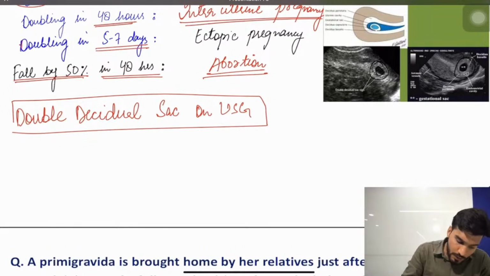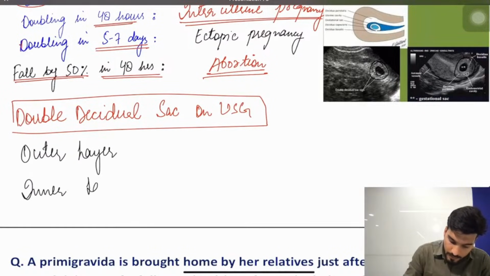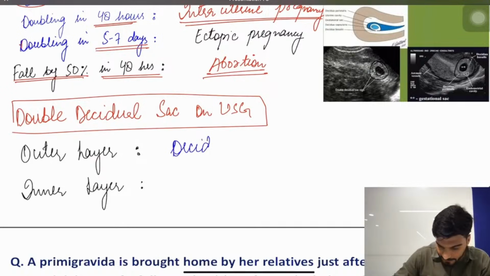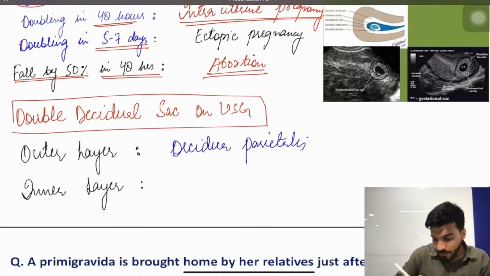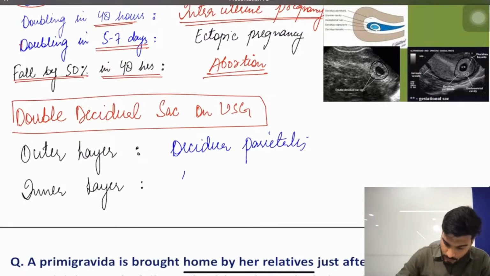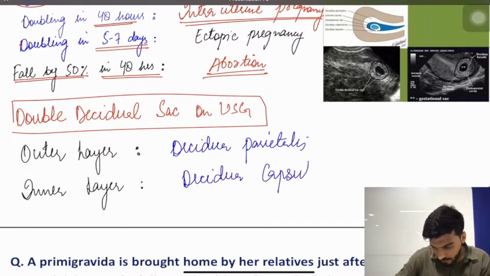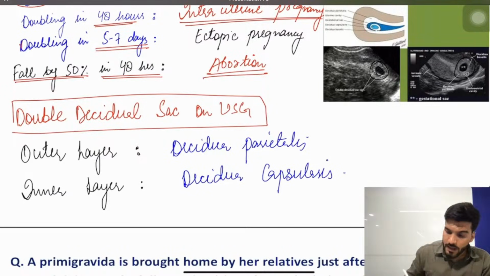Now this double decidual sac is formed by two layers, outer layer and inner layer. So what is outer layer? Outer layer is due to the decidua parietalis, and inner layer is due to decidua capsularis.